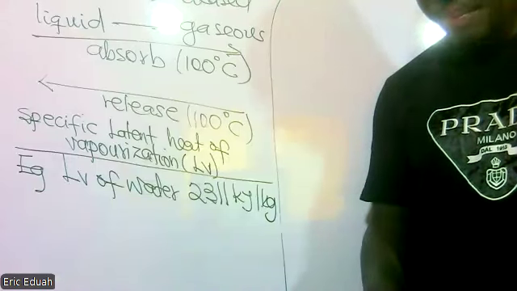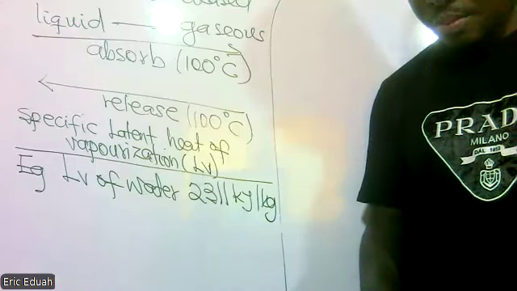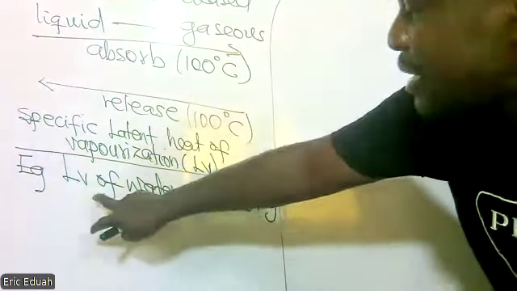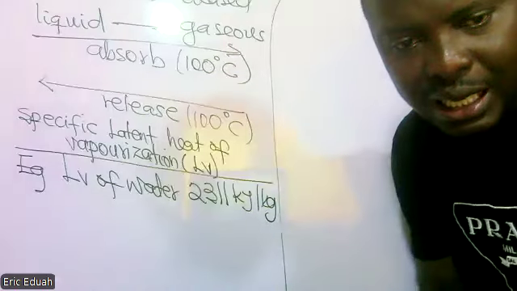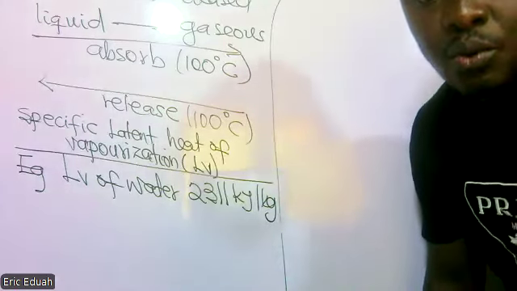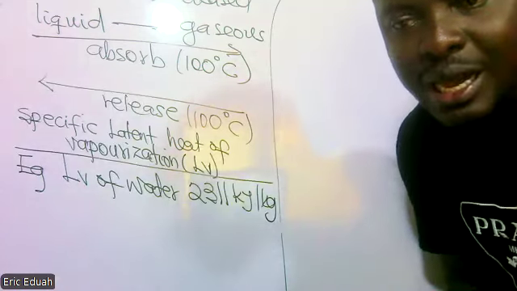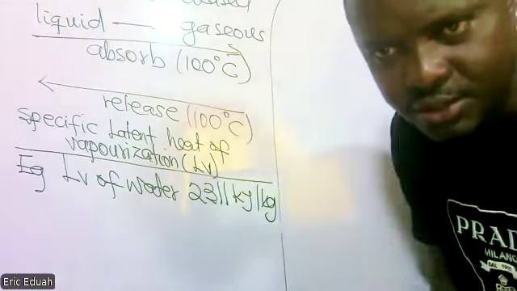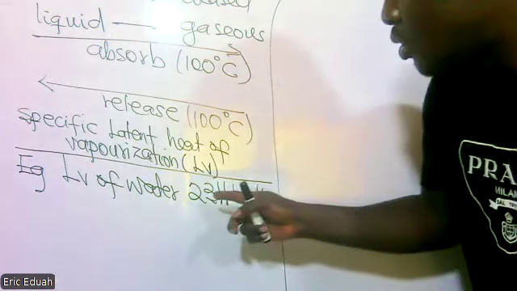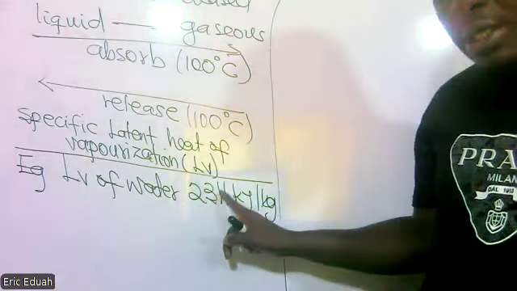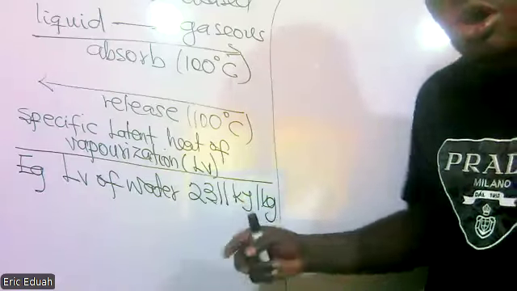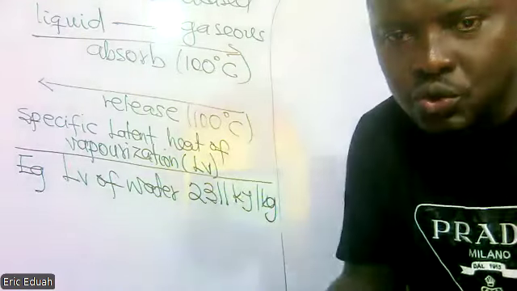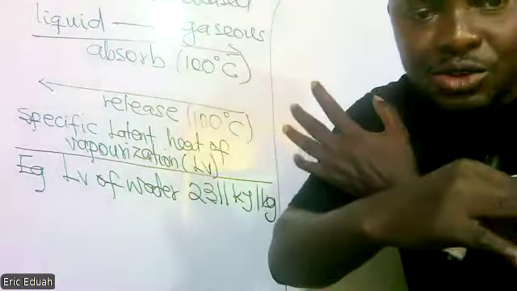So it means that 1 kilogram mass of water at its boiling point or at 100 degrees Celsius must absorb 2,311 kilojoules of heat energy in order to change state from liquid to gaseous state at constant temperature.